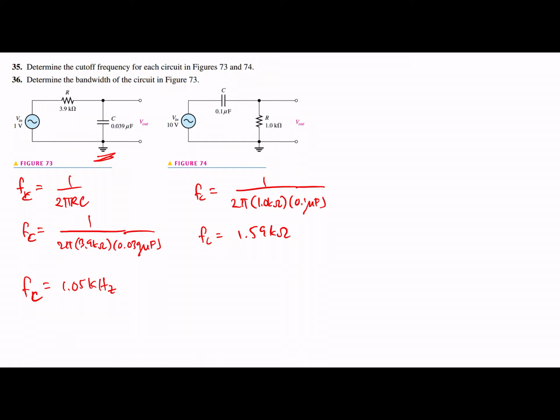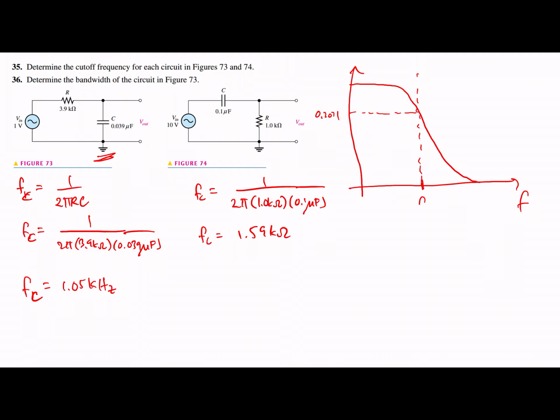Because if we take the output voltage across the capacitor, then it produces an output voltage versus frequency response that is given by this, and somewhere here, which is 0.701, corresponding to that value, we have the cutoff frequency. So this circuit is a low pass filter.